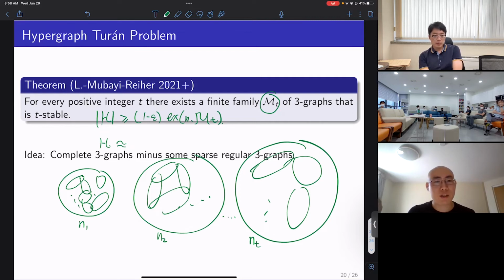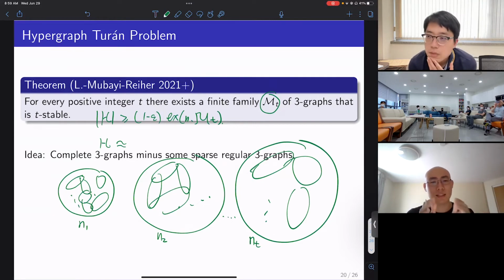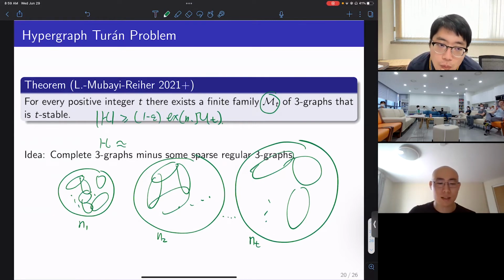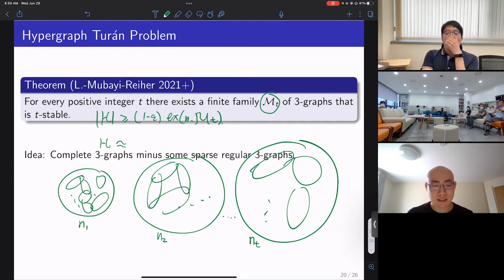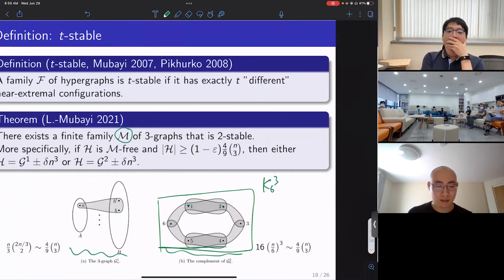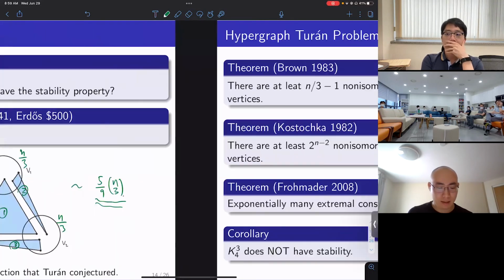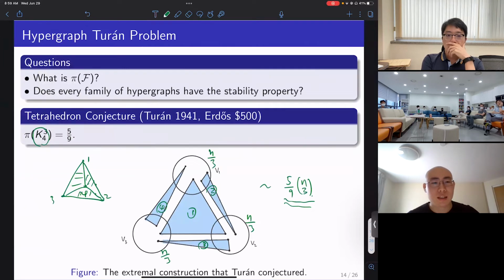But for our definition, we do not require T to be a finite number. So it's natural to ask if there exists an infinite stable family, meaning, can you find infinitely many extremal constructions? The answer is yes, for sure, because of the tetrahedron conjecture.